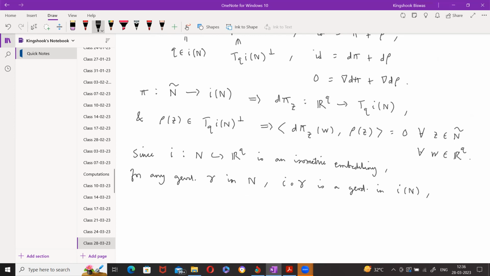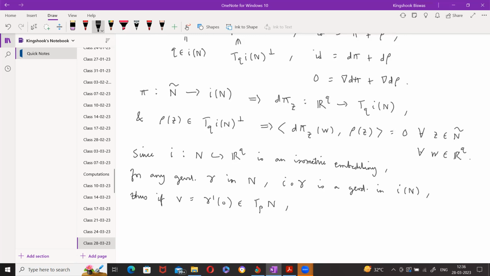So thus, if V is equal to gamma prime 0, this belongs to say some T_P N.